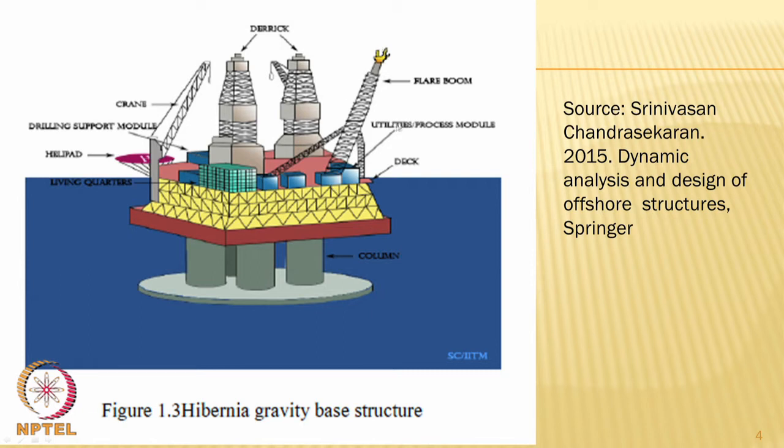There are other utilities and process modules placed on the top side, including living quarters, drilling support modules, different varieties of cranes, etc., in addition to the derricks used for drilling. The topside also has a helipad.